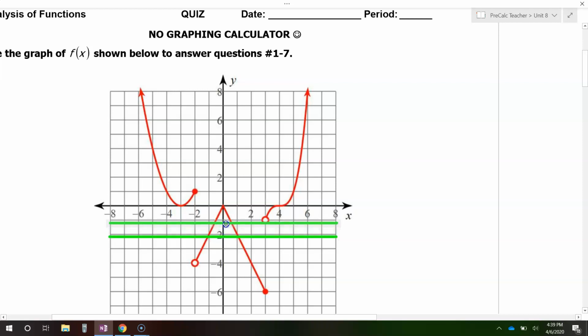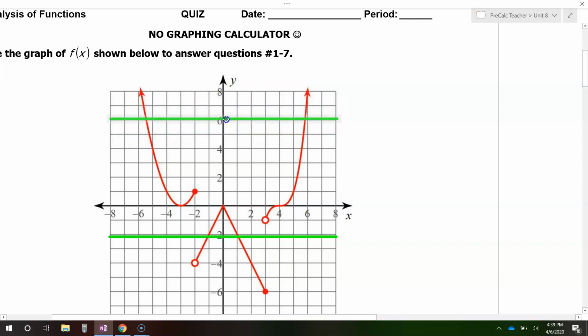Negative 2 is part of the range. Negative 1 is part of the range. Still touching. So notice as I go through this area, I'm touching multiple portions of this function. At no time is there a place where this green line is not touching the function.